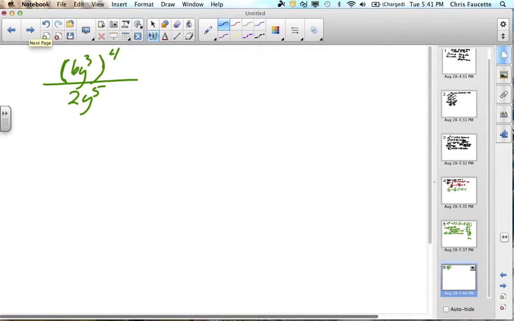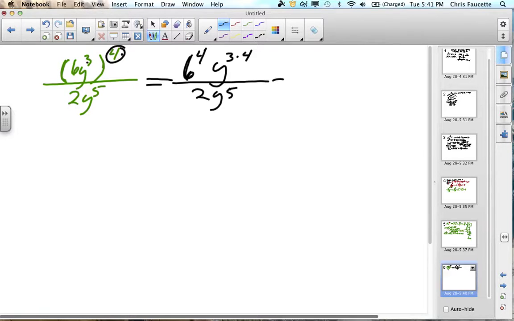This 4th power has to go to everything in there. It's going to be 6 to the 4th times y to the 3 times 4, since it's 3 to the 4th, over 2y to the 5th.